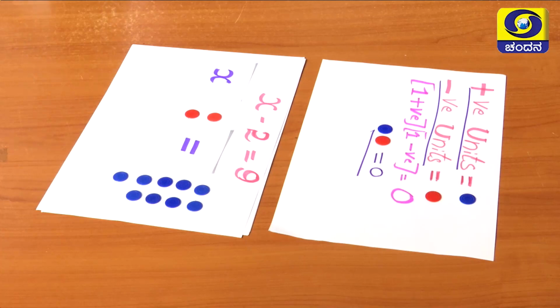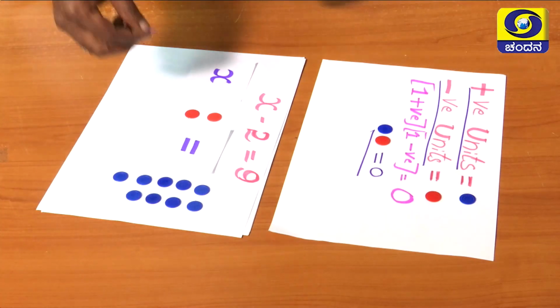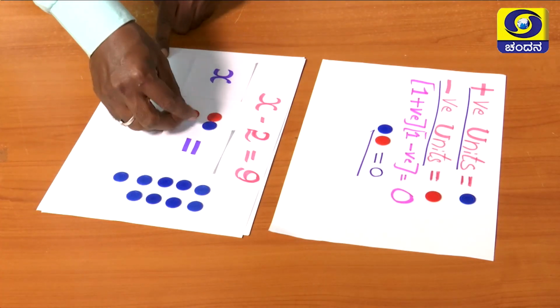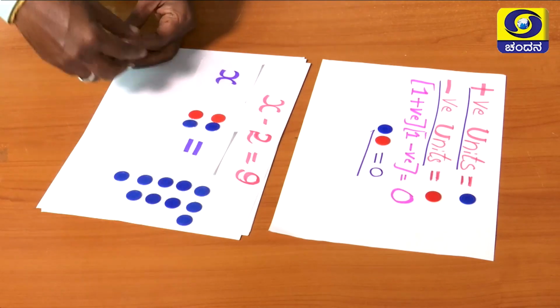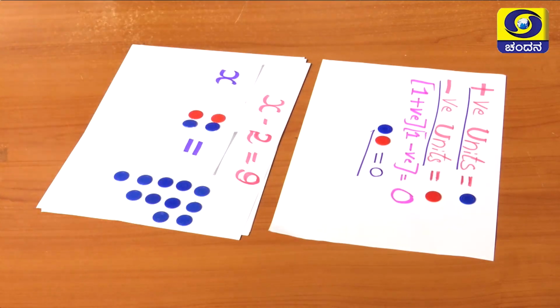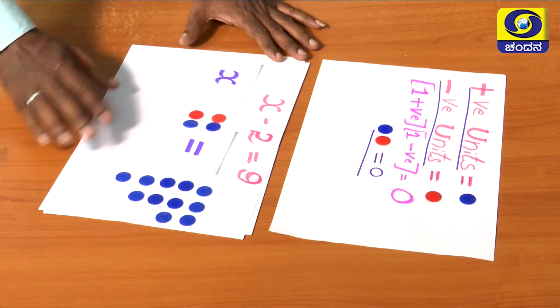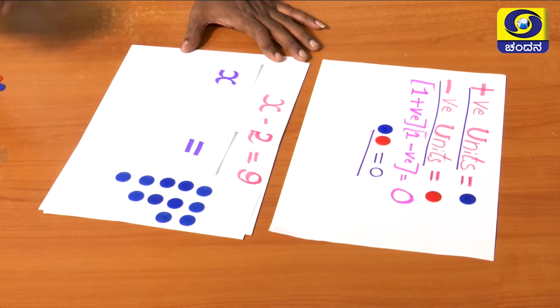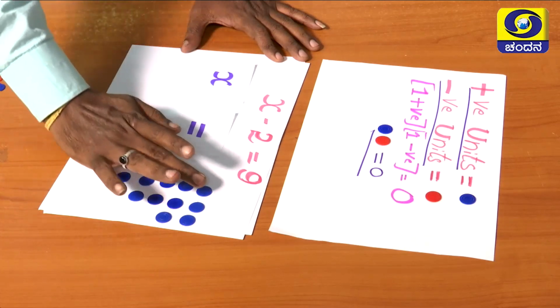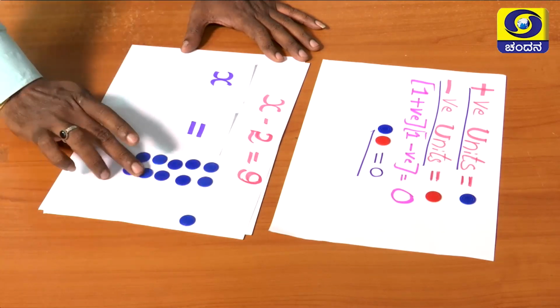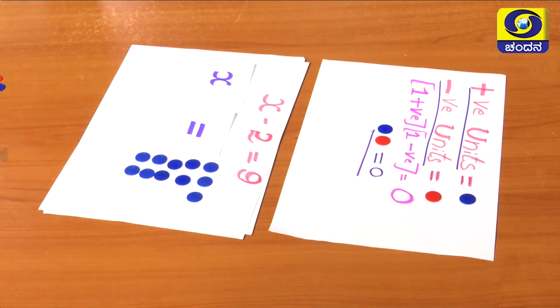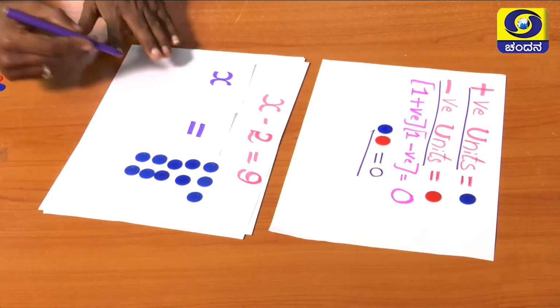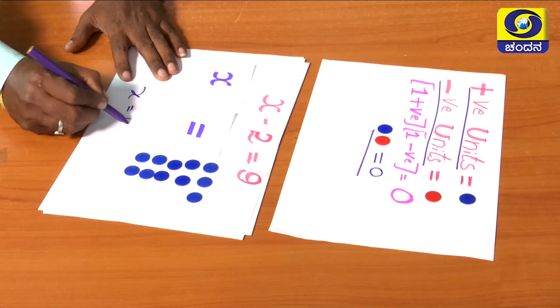Add blue tokens on both sides. That means here 2, here also 2. Then what happens? Plus minus is 0. Yes. Then x is equal to how much? 11. Very good. Therefore, x is equal to 11.